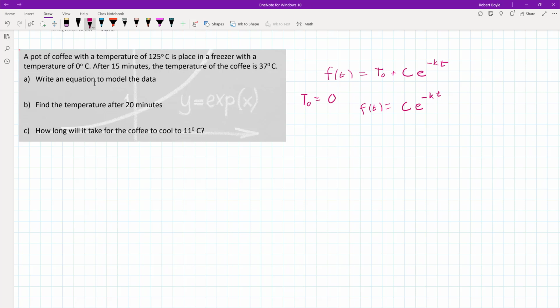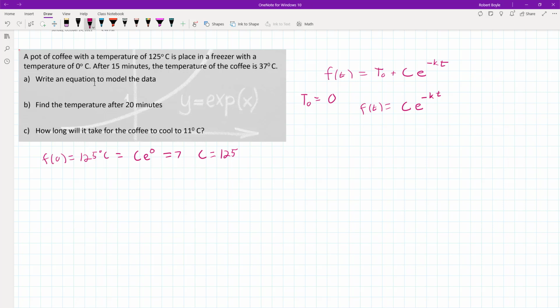Okay, so now what we have here is that at time 0, the cup of coffee is 125 degrees Celsius. So we know that f of 0 is equal to 125 degrees. Well, that is also equal to c times e to the negative k times 0. And that implies that c is equal to 125 degrees.